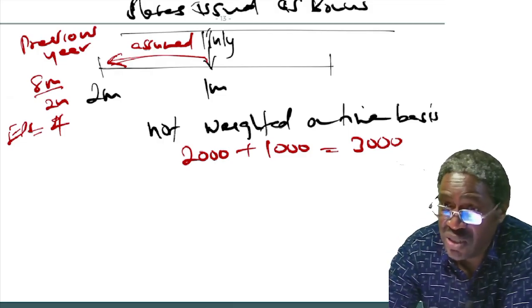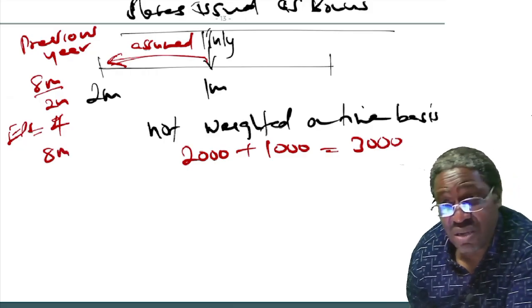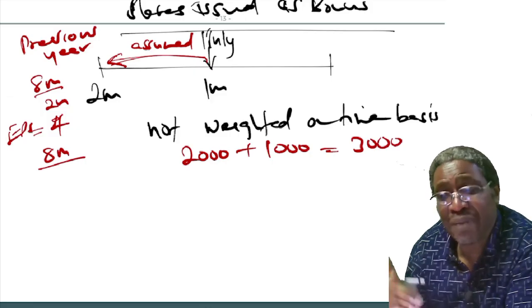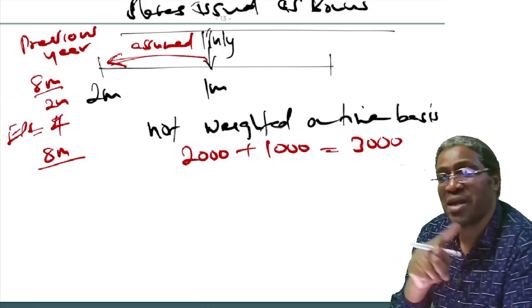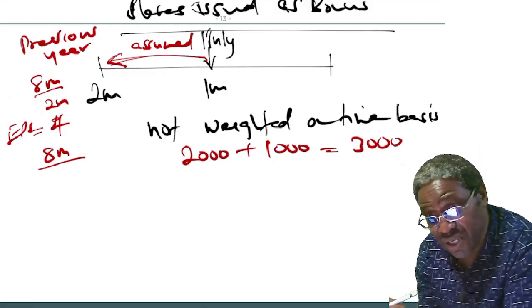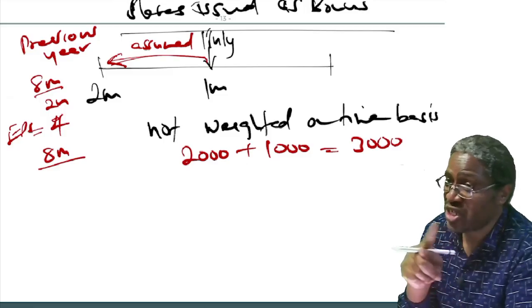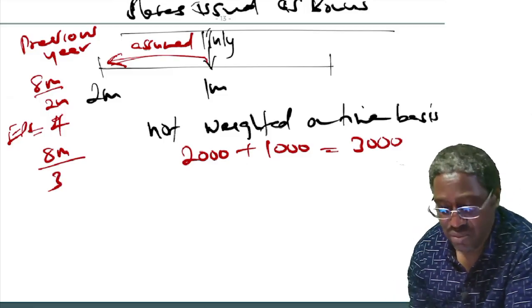How do we restate it? It's obvious. You will take the earnings last year, which are 8 million. You now divide that by the number of shares last year, 2 million, plus the bonus shares in the current year, 1 million. That means you now divide that by 3 million.